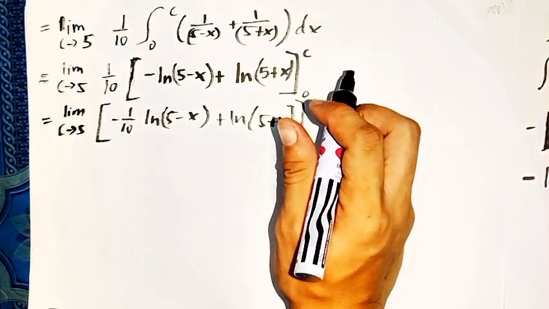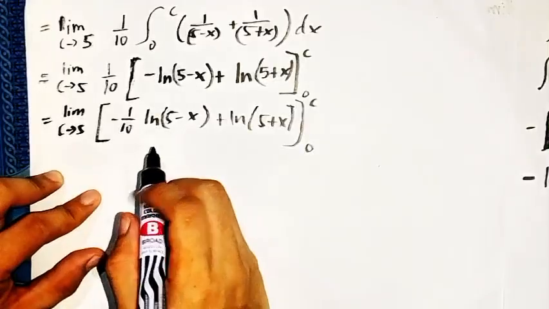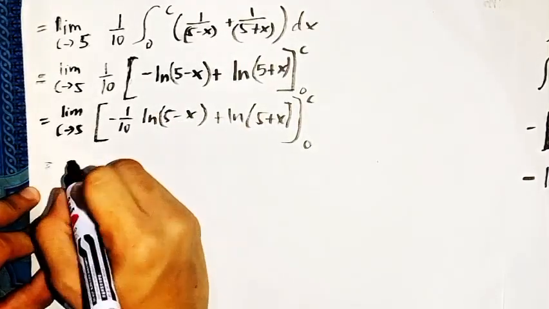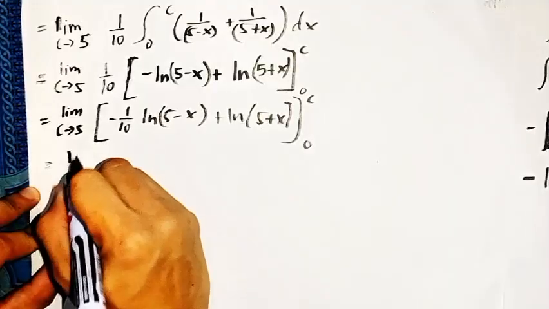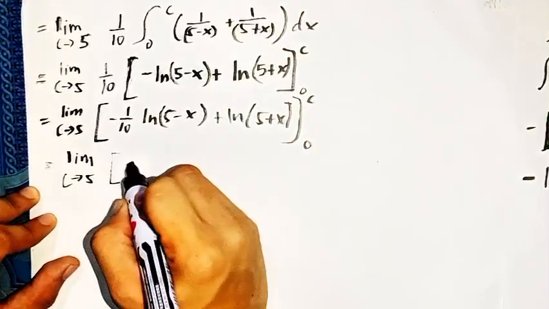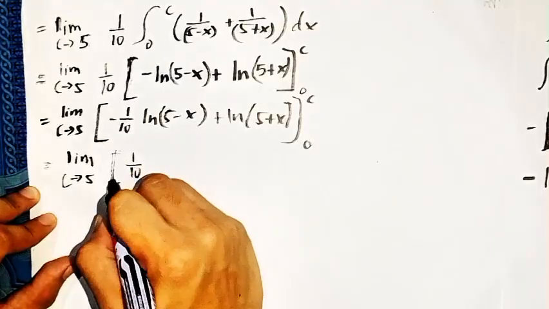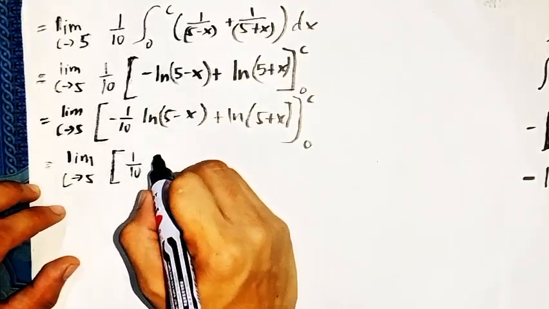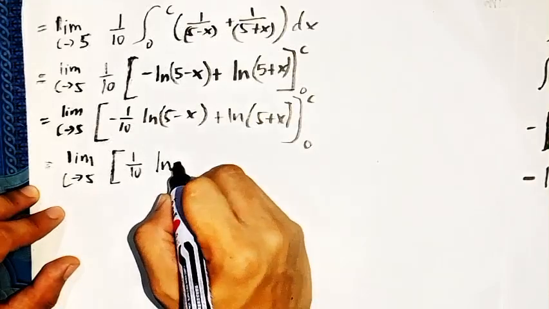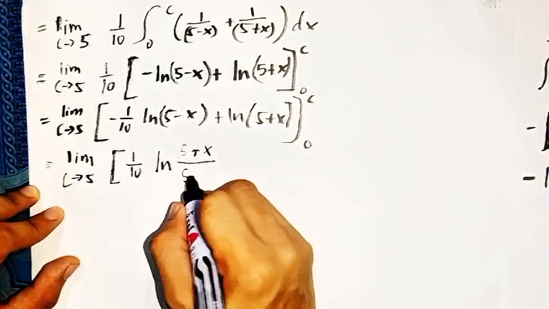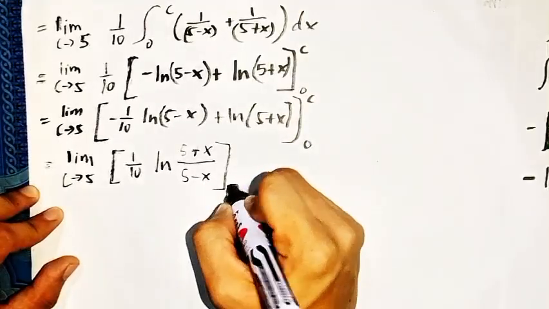Next, let's make it as a single log. So magiging limit c approaches to 5, 1 over 10. To remove the negative, let's put this into the denominator. So magiging ln 5 plus x over 5 minus x, 0 to c.